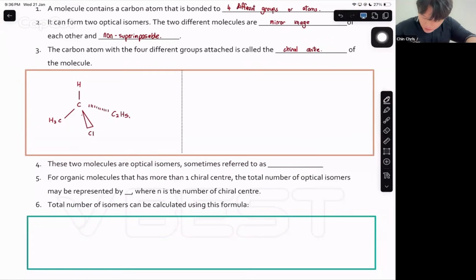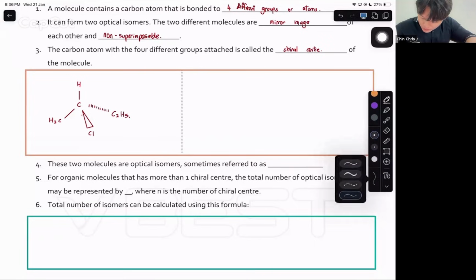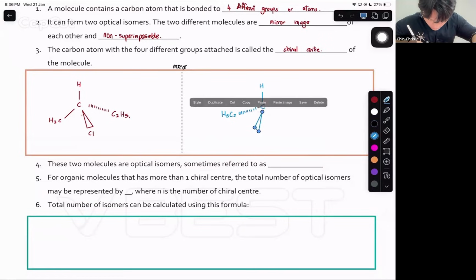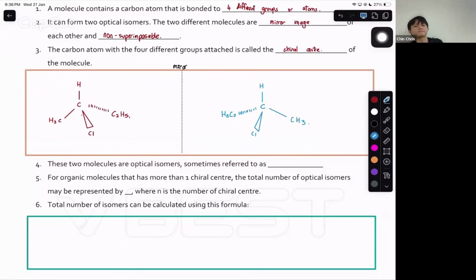This is where your mirror is going to be. You have to draw a perfect mirror. Just do a reflection, okay? Okay, that's it.